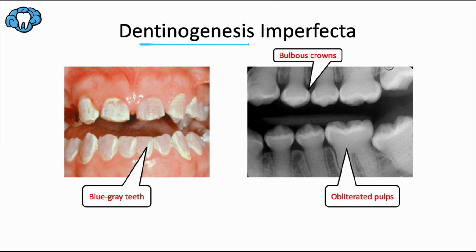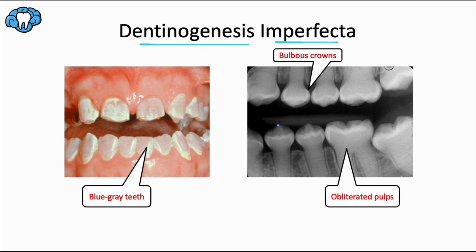So dentinogenesis is the formation of dentin by odontoblasts. So dentinogenesis imperfecta is when that process goes wrong or imperfectly and causes an intrinsic alteration of dentin. Clinically, this usually manifests as translucent blue, gray, or amber colored teeth.